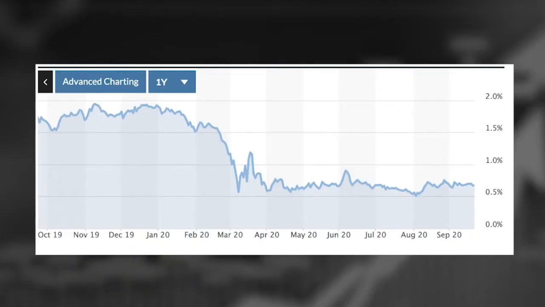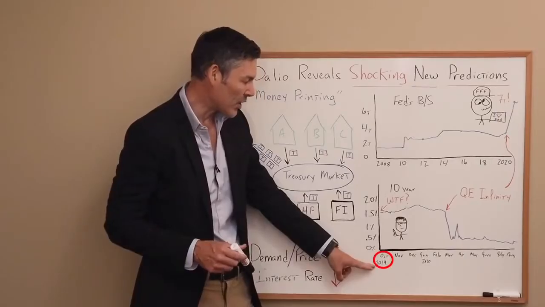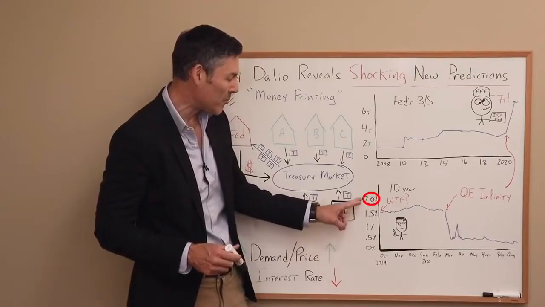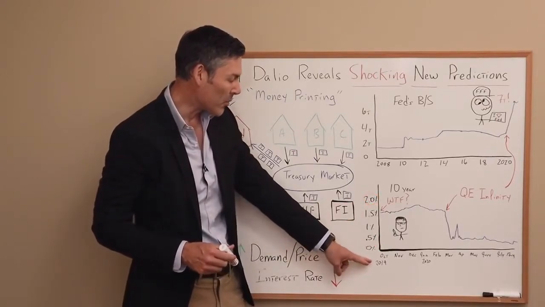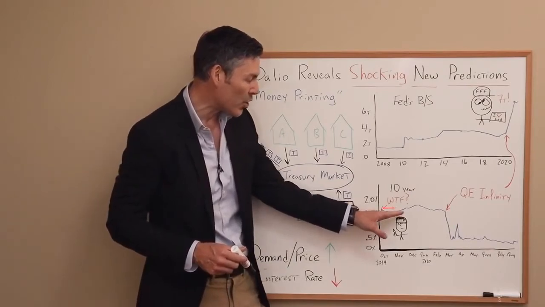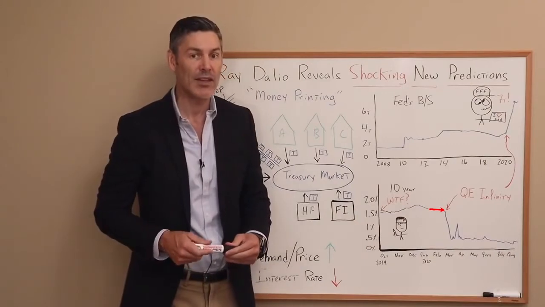So let's go to the second chart, and this is of the 10-year Treasury, going back to October 2019 all the way to August. The interest rate 0 up to 2%. Back in October 2019, we're humming right along about 1.5%, gradually going up. And then we have a decline when we start to get the news about the coronavirus sickness.